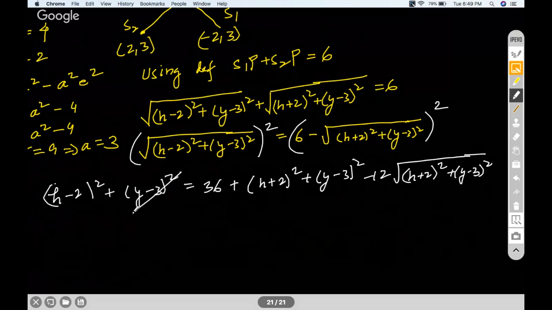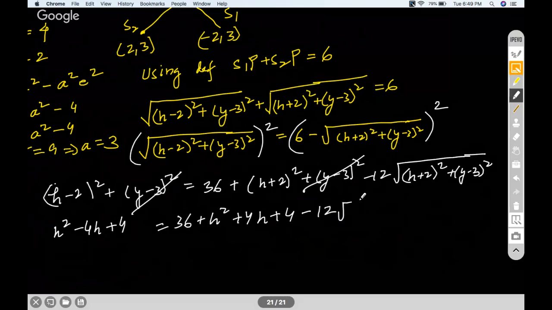So these two terms will get cancelled off. And if I'm not wrong, that will leave you with h square minus 4h plus 4 on one side, and here you have 36 plus h square plus 4h plus 4 minus 12 under root of (h plus 2) whole square plus (y minus 3) whole square.